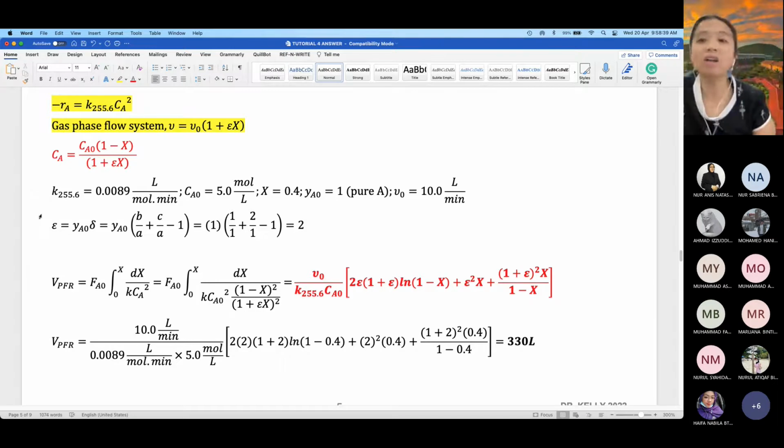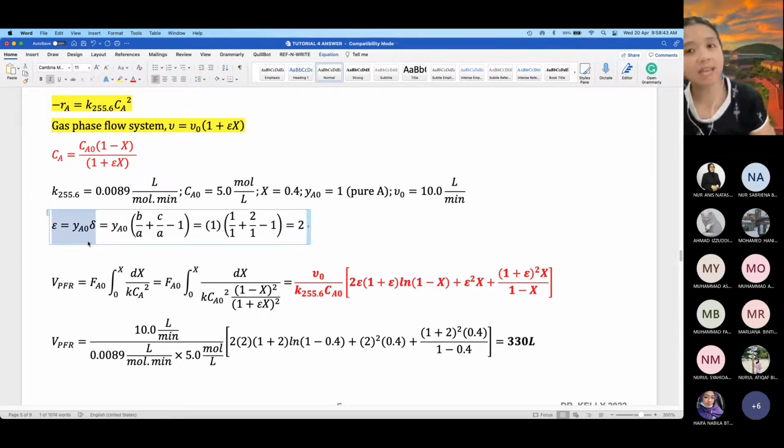Okay, epsilon, if you remember, equation dia adalah equals to YA0 sigma. YA0, kamu tahulah kan, Y is mole fraction, A is for compound, A0 is for initial. So that's the initial mole fraction of A, YA0.